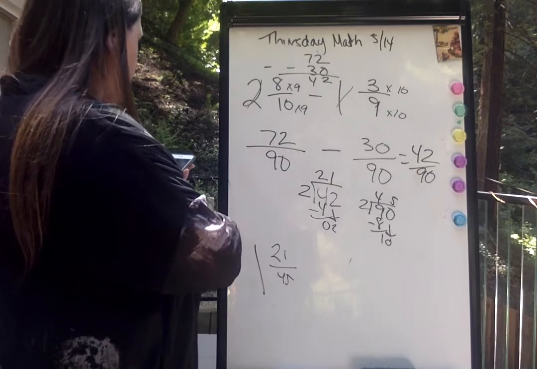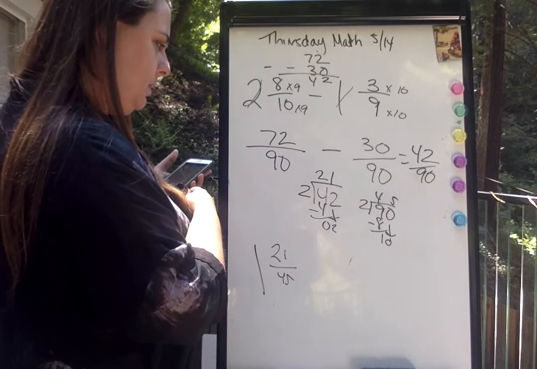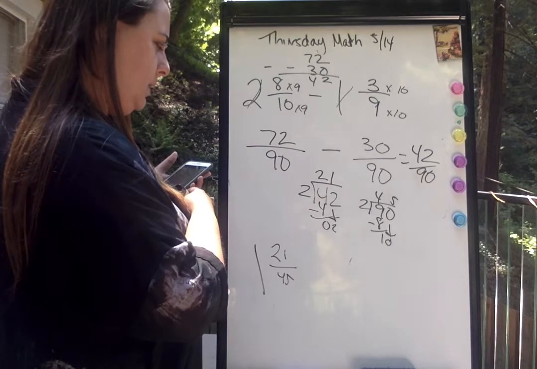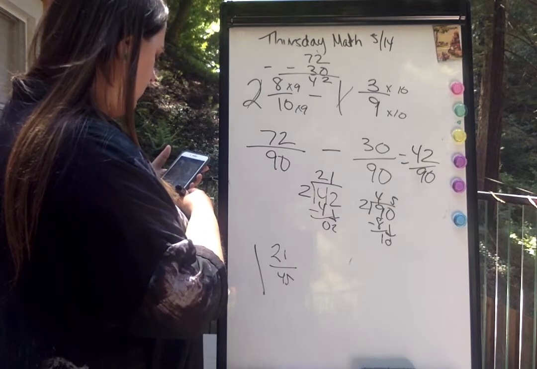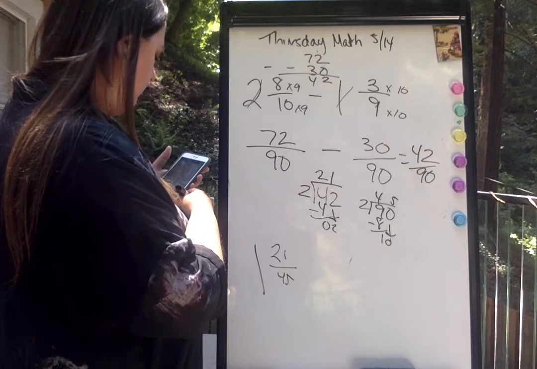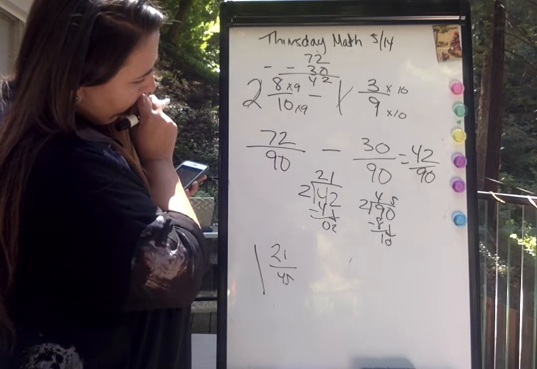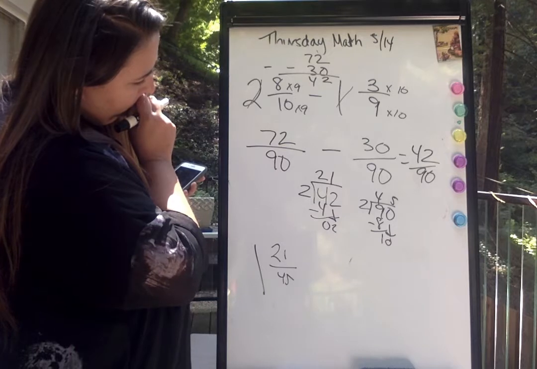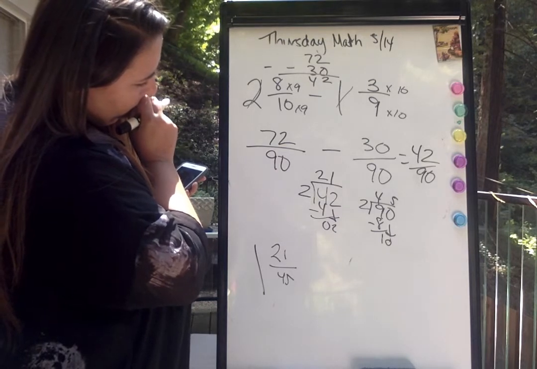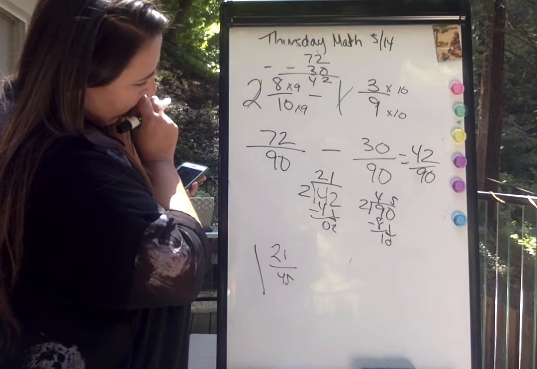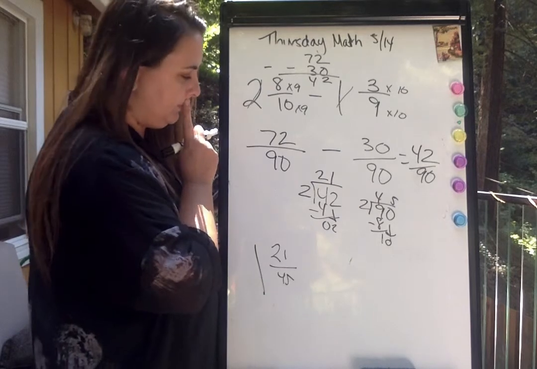Now, was that right? Hmm. 2, 4, 6, 8. I feel like I'm wrong. Hold on.